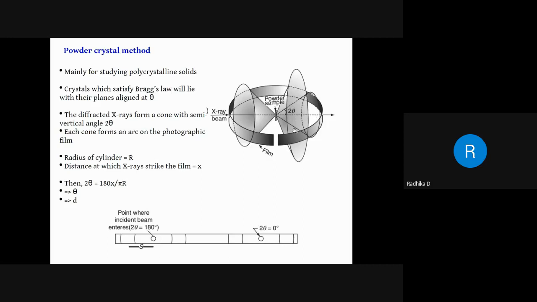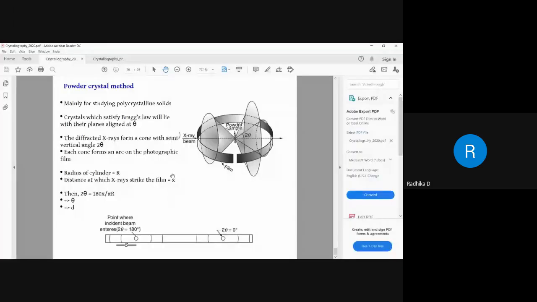Now, from the photographic film, if you expand it, it looks like this. You will find out the angle 2 theta, then theta. Use the value of wavelength of X-rays, you will get d, the interplanar distance. Okay, so now moving on to a few numericals.